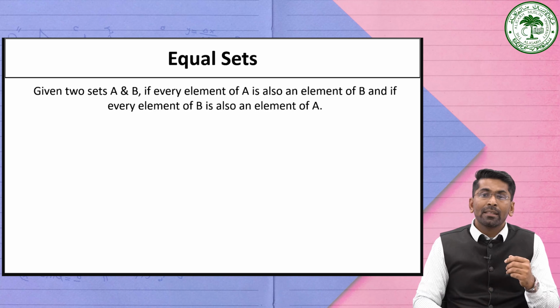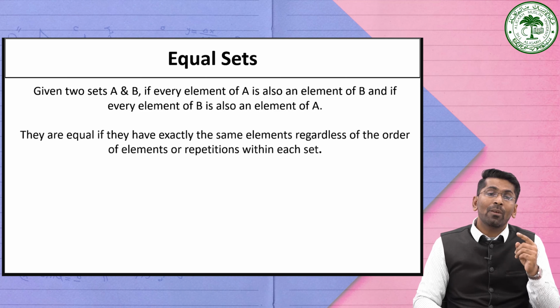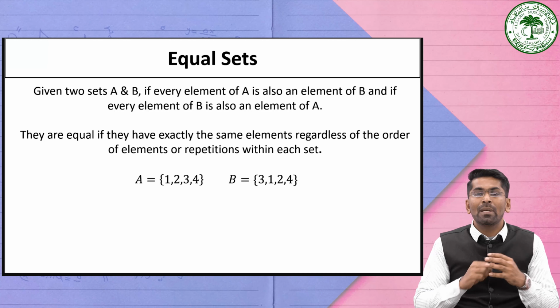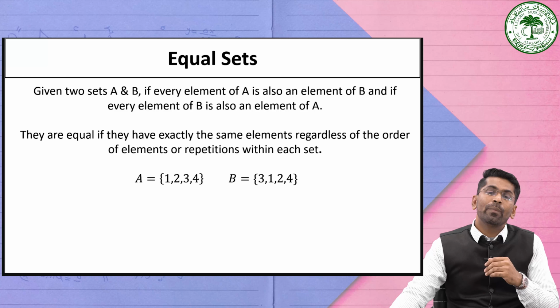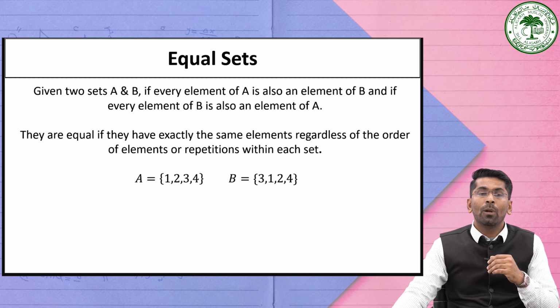Let us consider when two sets are equal. We have already said that sets are equal only when they have exactly the same elements. Let us consider one example. Set A is equal to {1, 2, 3, 4} and set B is equal to {3, 1, 2, 4}. What is the characteristic of these two sets?